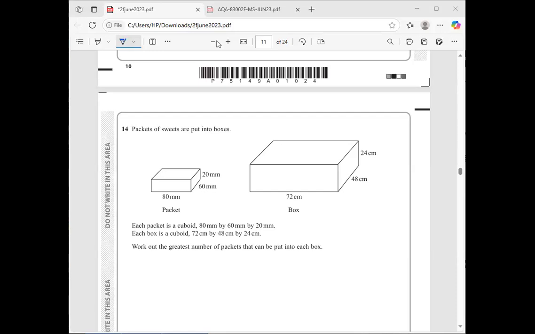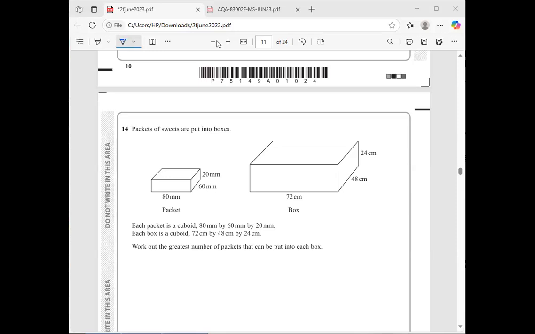For this one, if packets of sweets are put into boxes, and each box is the size of the smaller box on the left, then I want you to imagine this. The question is, work out the greatest number of packets that can be put into each box.